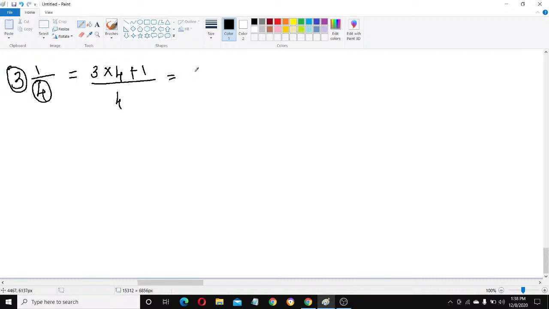Now 3 4s are 12, 12 plus 1, 13 by the denominator 4. So 13 by 4 is the improper fraction form of 3 1 by 4.